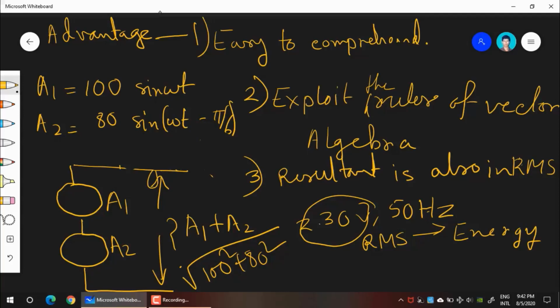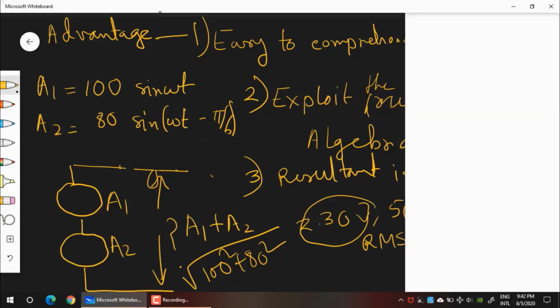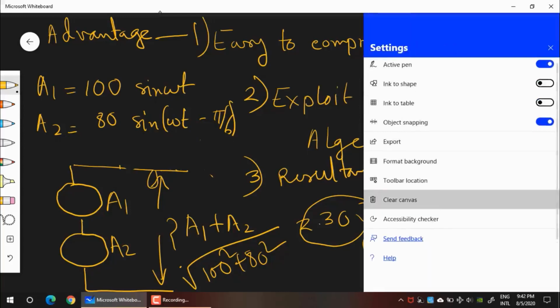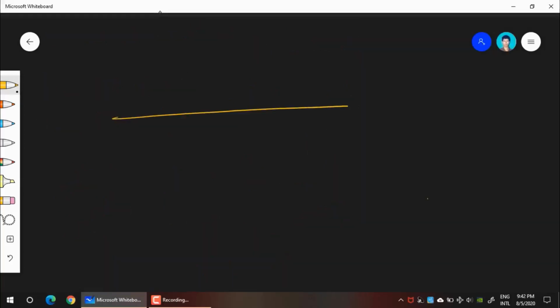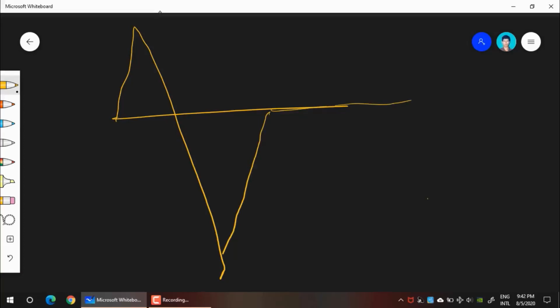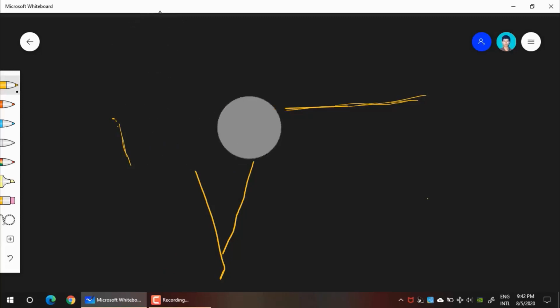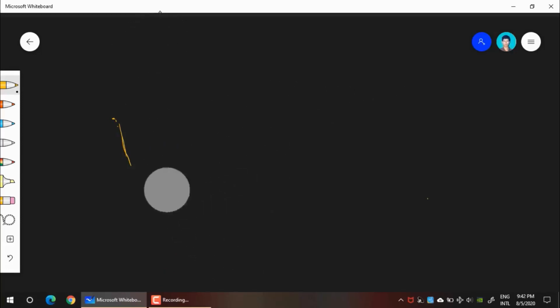If you have difficulty understanding, let me give you one small example. Let us have a wave like this, and after this line the value of the wave is 0, and for a certain time you will get some value of RMS for this signal. Or if you have a problem visualizing this, let me do one simple example.